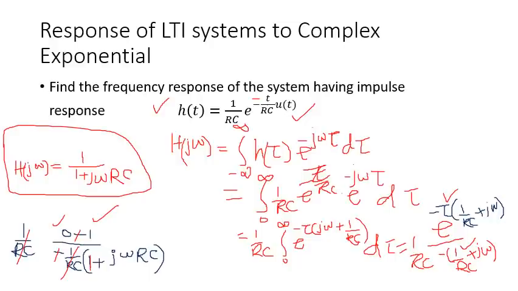We call it frequency response because the real part of s equals 0 and the imaginary part is just j omega, which is the frequency. So you can see that the frequency response is complex, meaning it has a real part and an imaginary part.